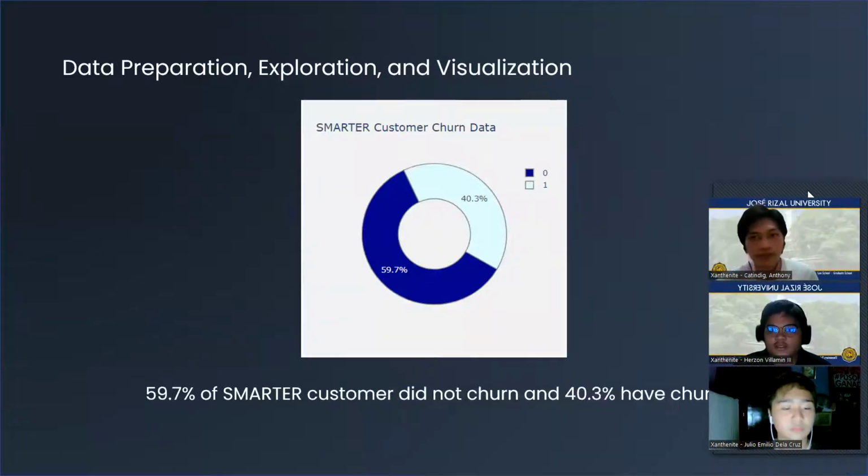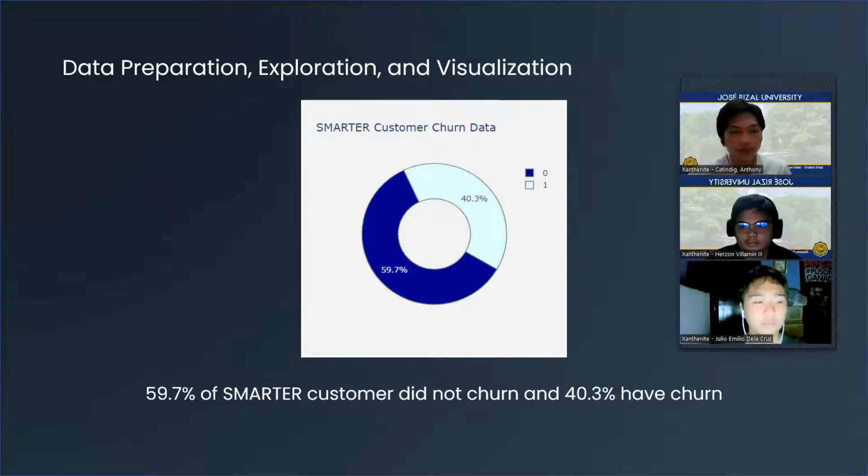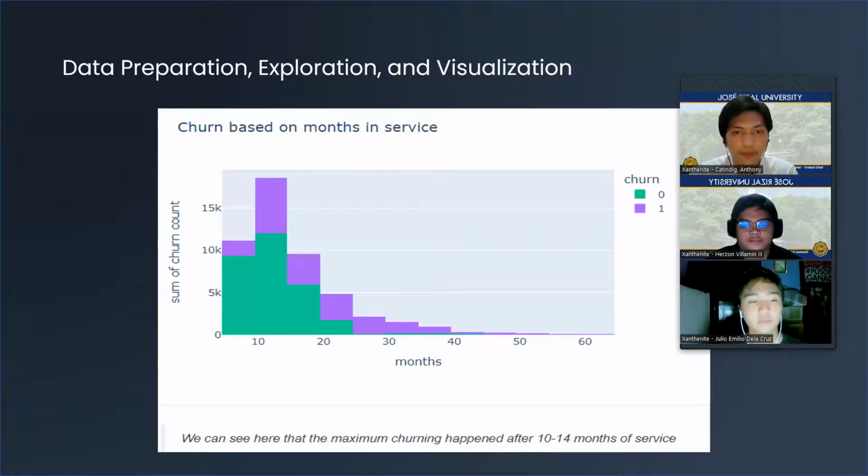As we can see in the graph above, 59.7% of the customers of Smarter did not churn and 40.3% of them churned within the last month. For churn based on months in service, we can see on the graph that the maximum churning happened after 10 to 14 months of service.